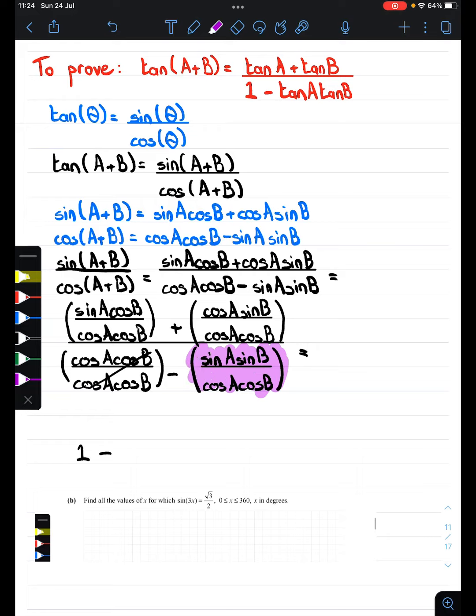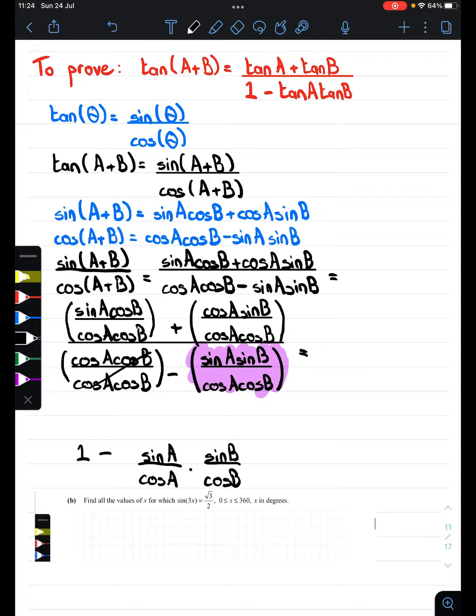What about here? We have sine A sine B over cosine A cosine B. If we split that up into two terms, sine A over cosine A times sine B over cosine B, it becomes a little more obvious what to do.